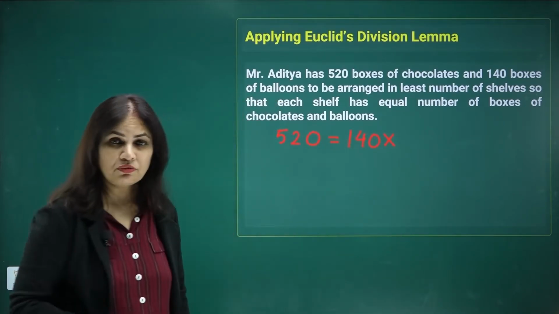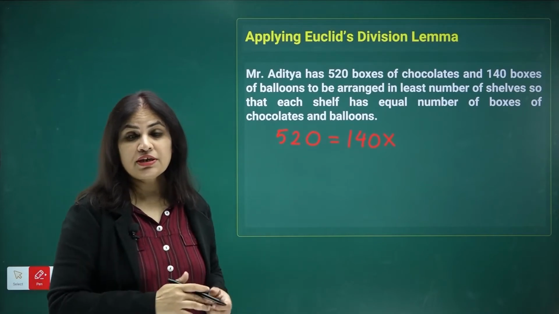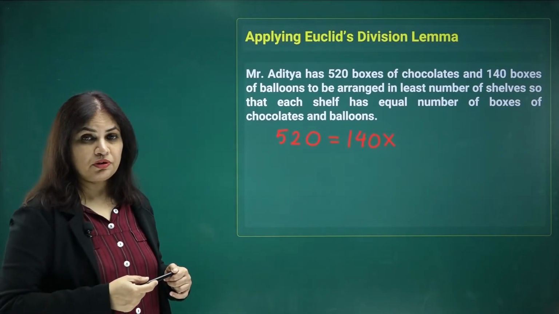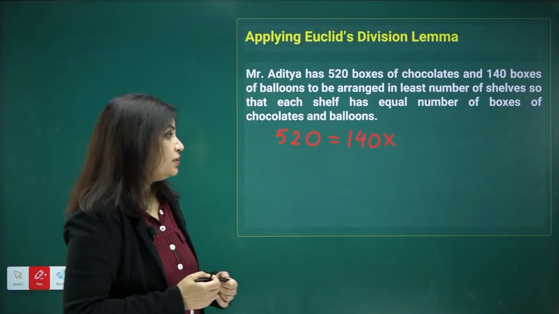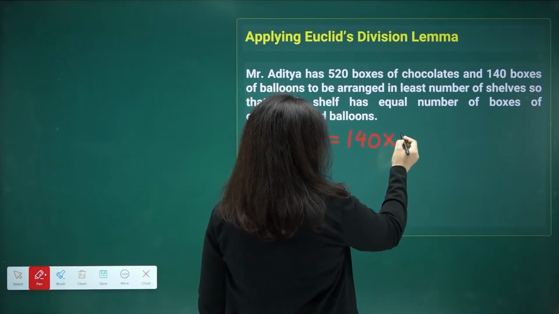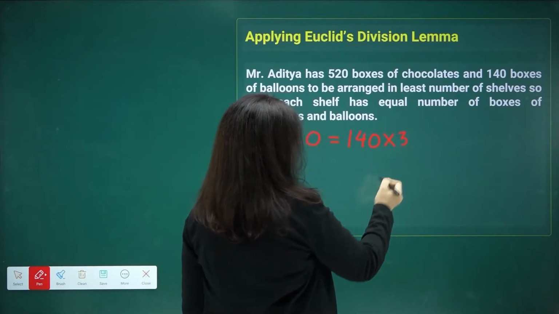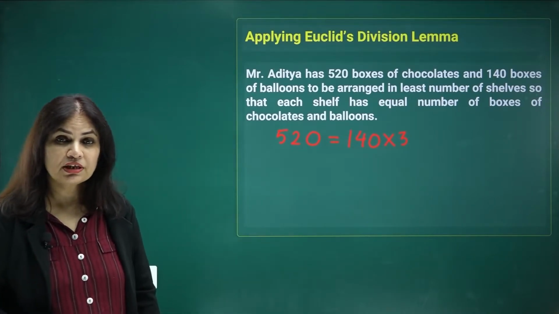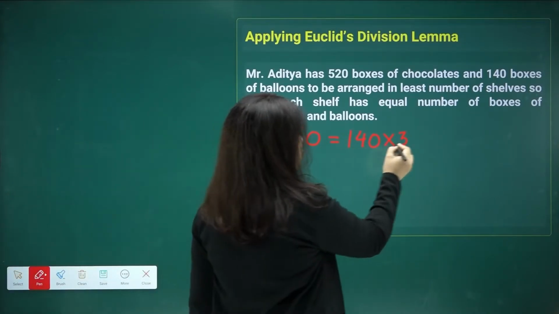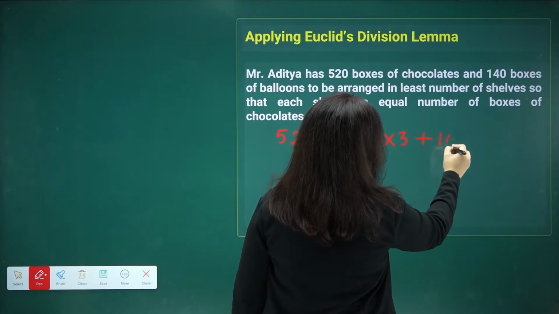I know 520 is not an exact multiple of 140. So, the greatest number with which 140 can be multiplied is 3. 140 into 3 will give me 420, but to make it 520, 100 more has to be added.